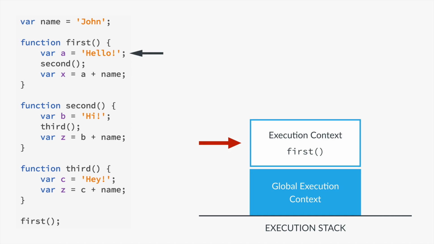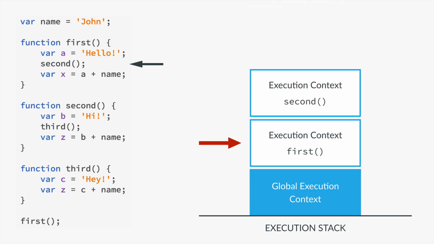So this a variable will now get stored in the execution context for this function, and not anymore in the global context.